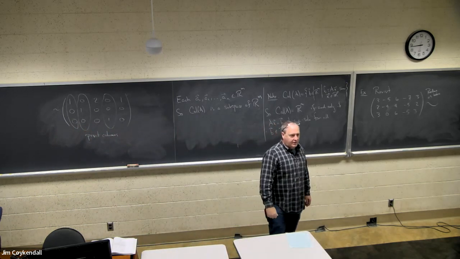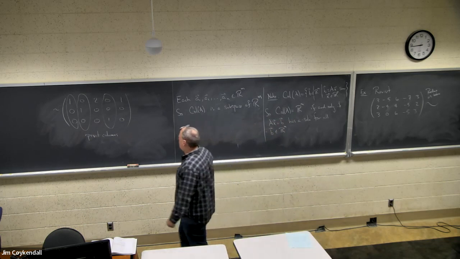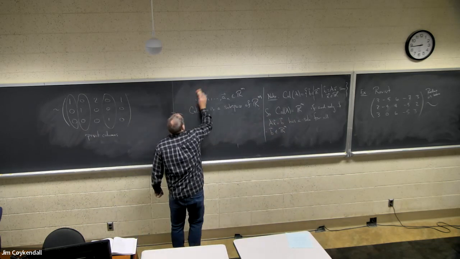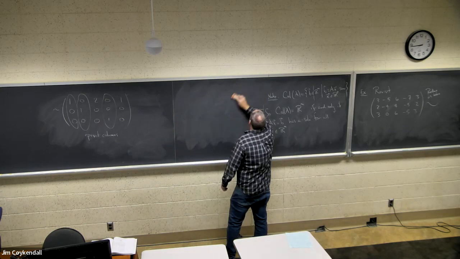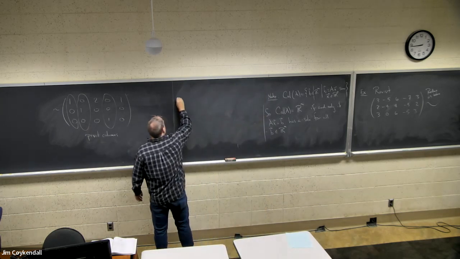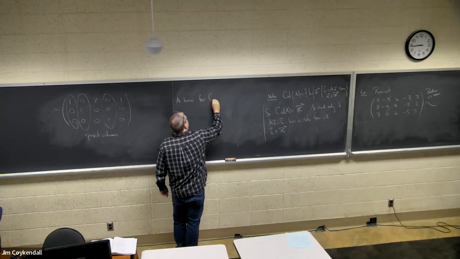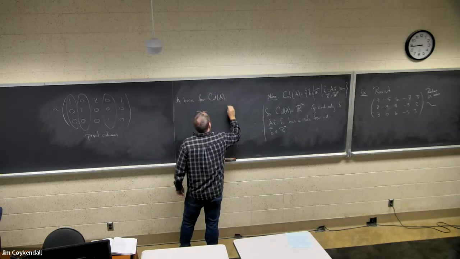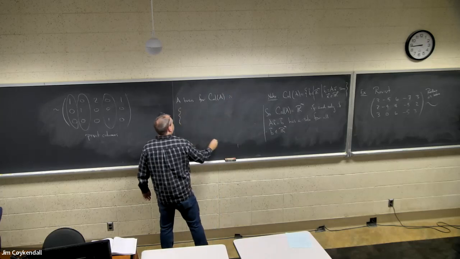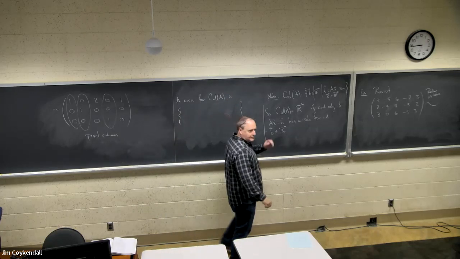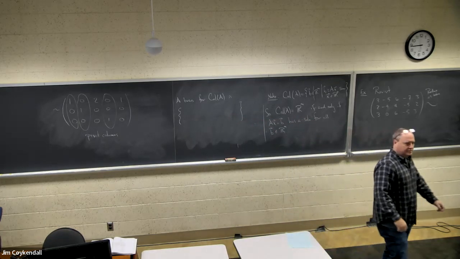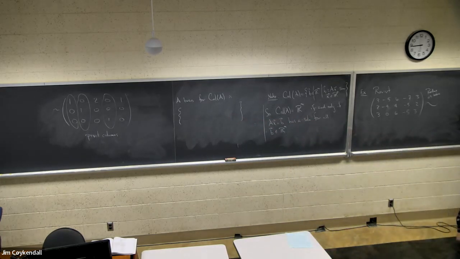The pivot columns are these, right? So a basis for column A, you are correct, but I'm going to do something else anyway.